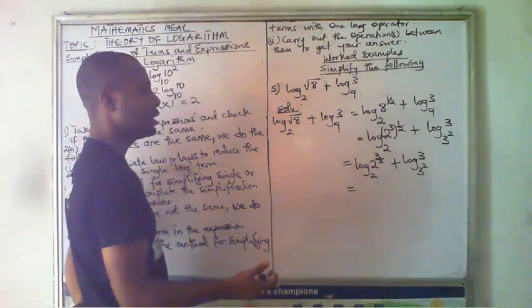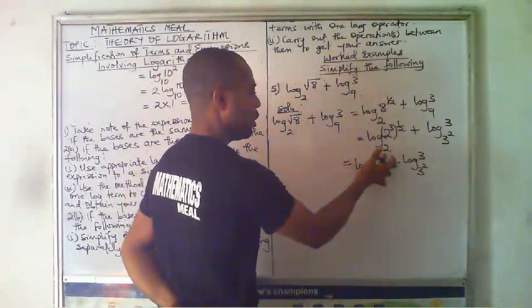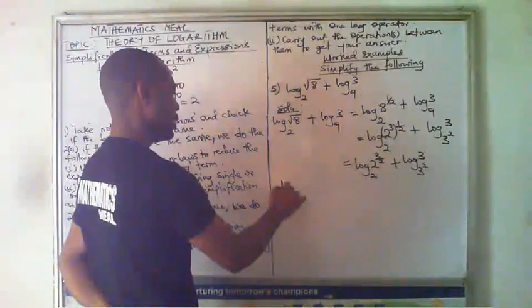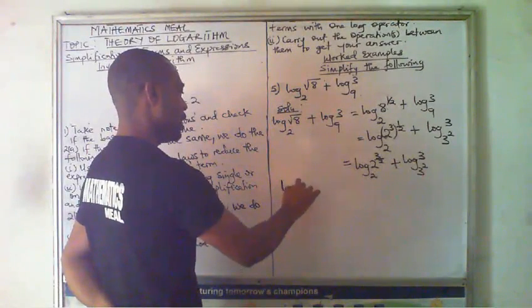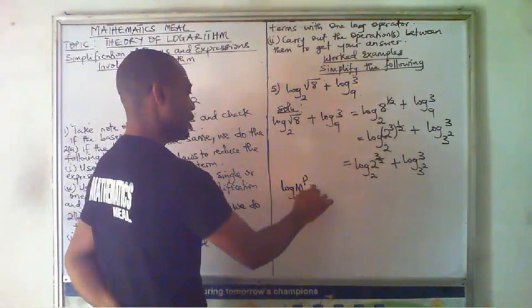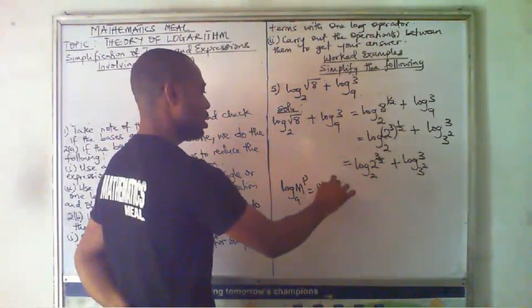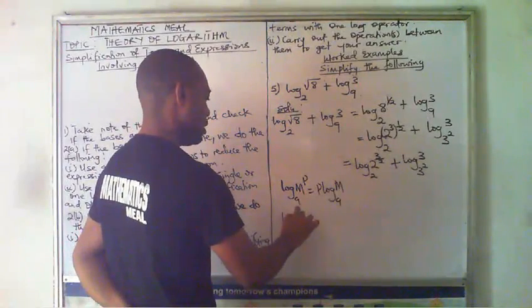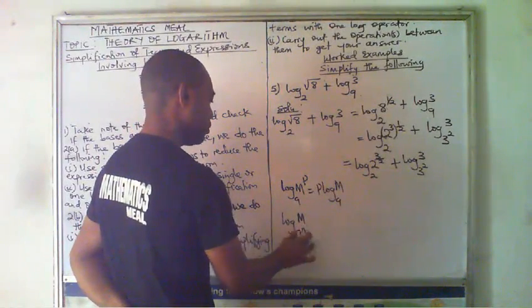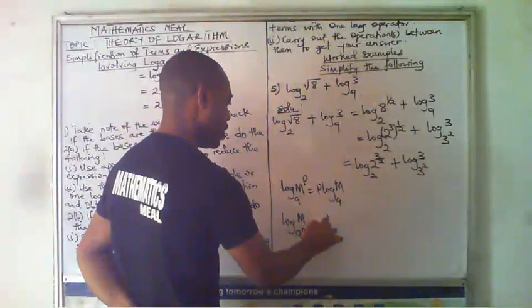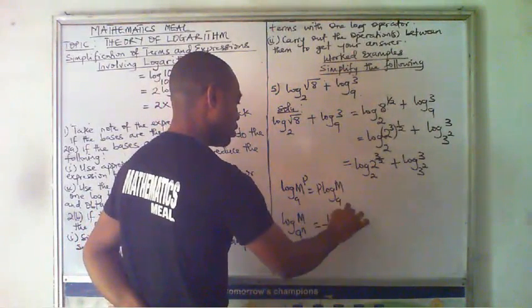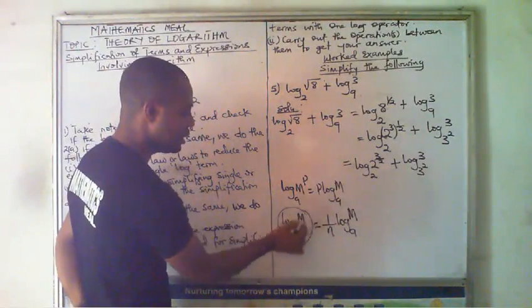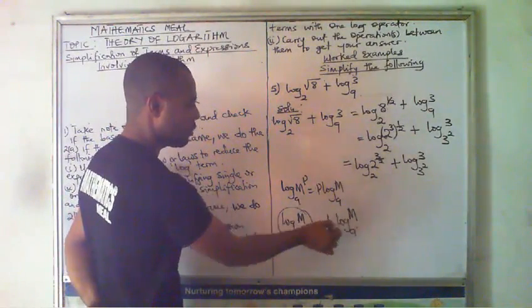Now we have a method of removing power from the number and power from the base. You remember those logs. Let me put it down again. Log m raised to the power p in base a is the same as p log m in base a, and log m in base a raised to the power n is the same as 1 over n log m base a. So alternative form of writing this is to write it like this when you remove the power from this.